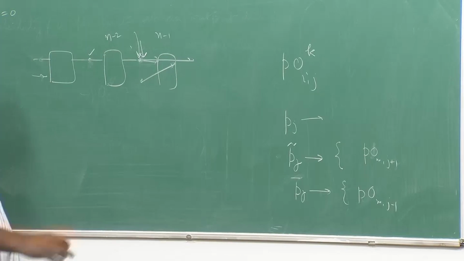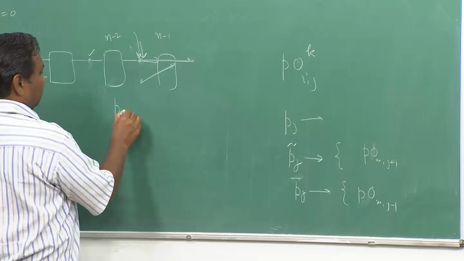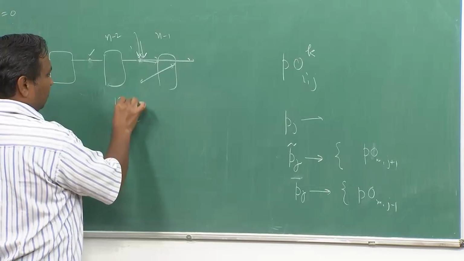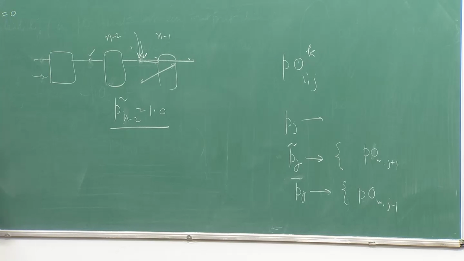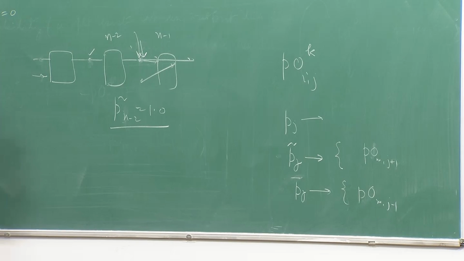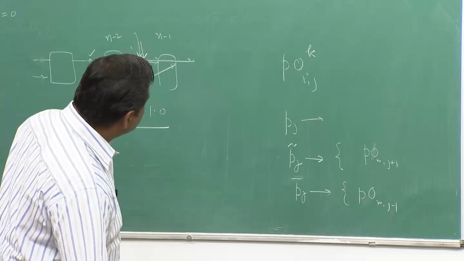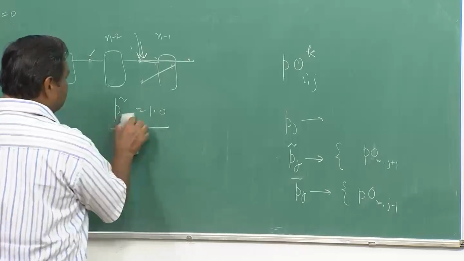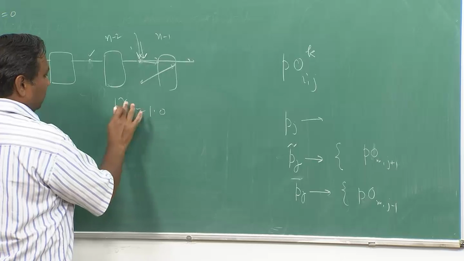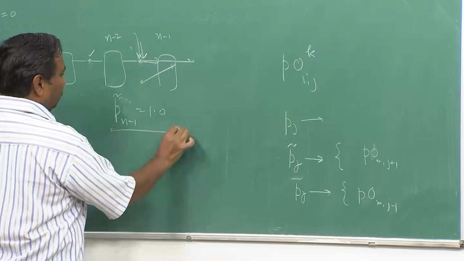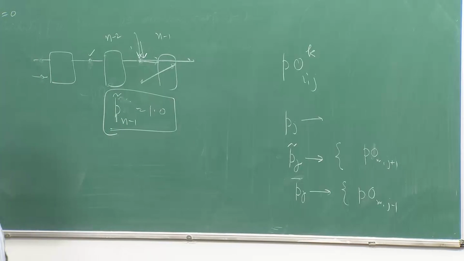So Pj, P of n minus 2 tilde was 1.0, that was my boundary condition there, but it is no longer true. The boundary condition we now use in my computation is Pj, P of n minus 1 tilde equal to 1.0.